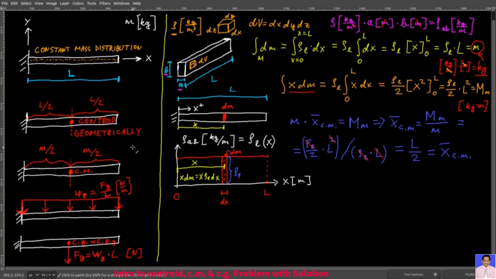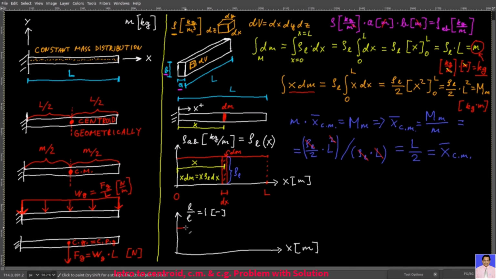In fact, you can calculate the centroid in a similar way. You can have length distribution per unit length, so L over L, which is essentially 1, and this dimension here is x in meters, and of course here L over L is dimensionless.